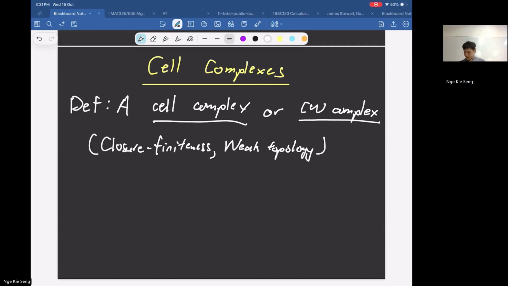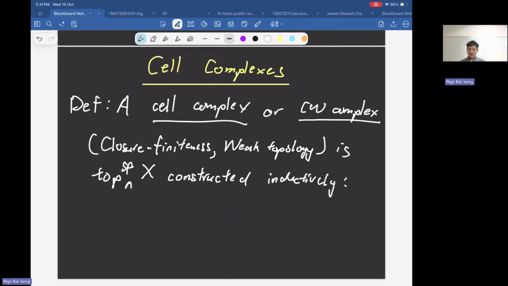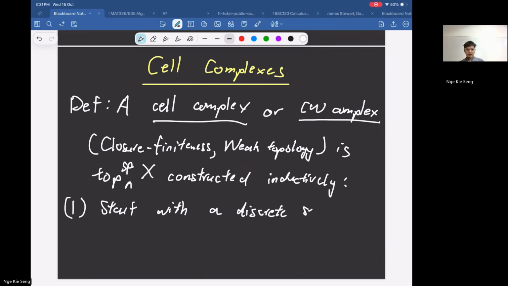So first of all, it is a topological space, constructed inductively as follows. How do you start? You start with a point, or a few points, or a discrete set X0.